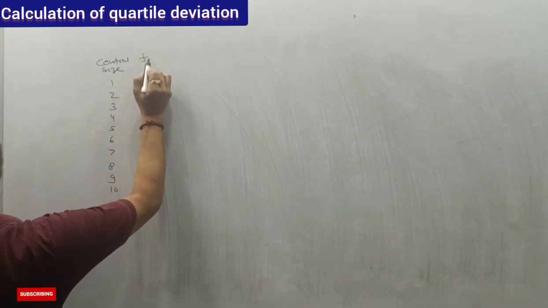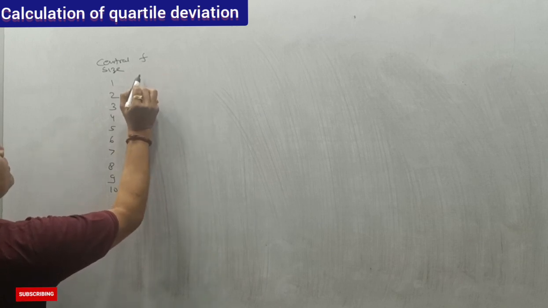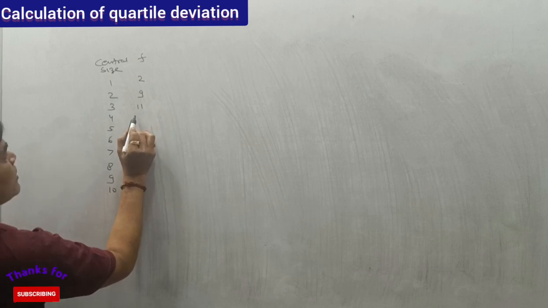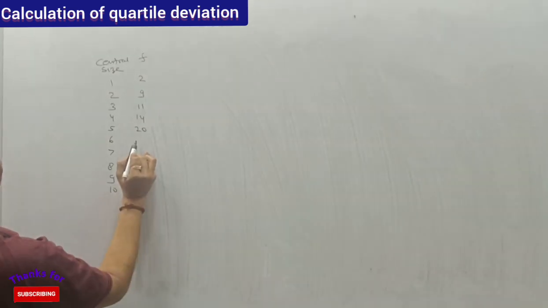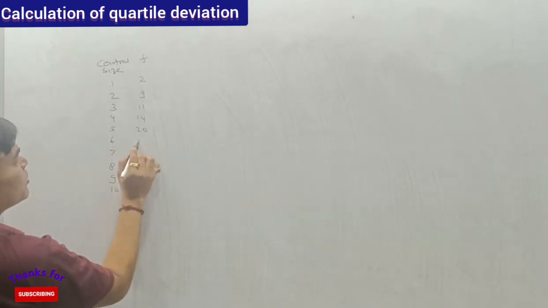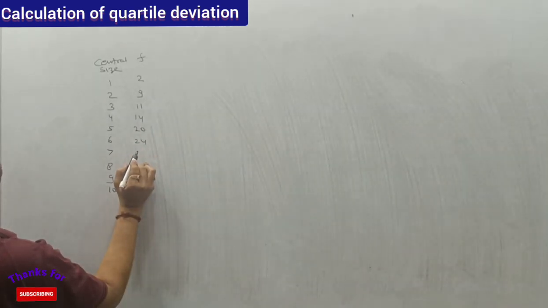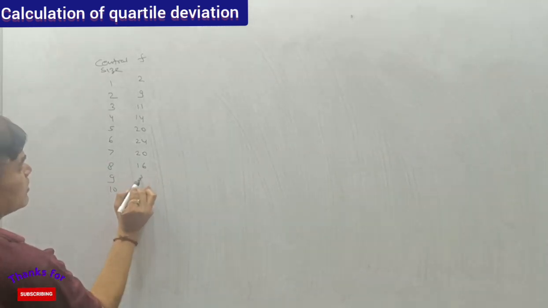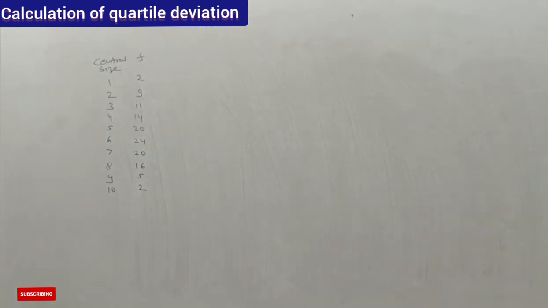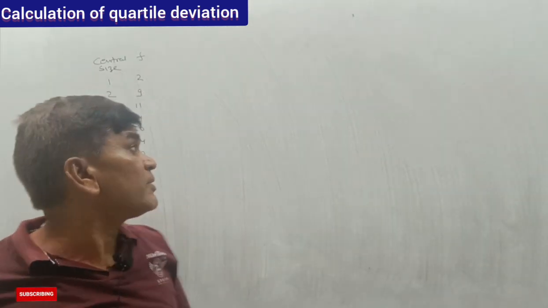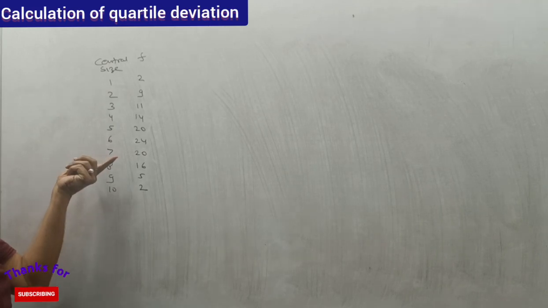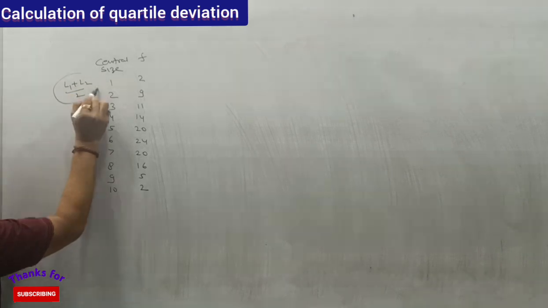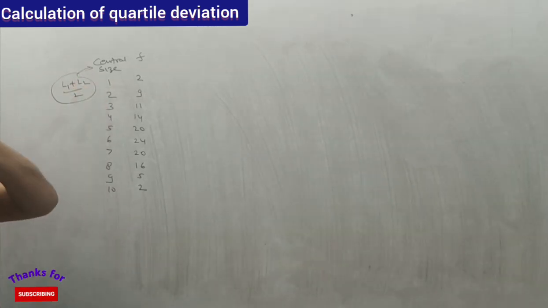Frequency is given: 2, 9, 11, 14, 20, 24, 20, 16, 5, 2. We are given two items: the value of center size, which means (L1 plus L2) divided by 2, and the frequency.